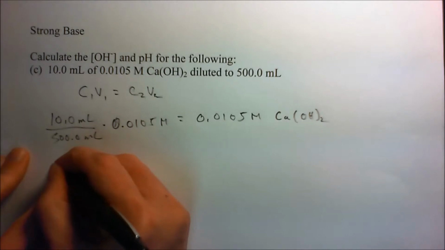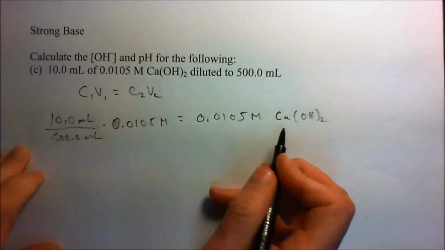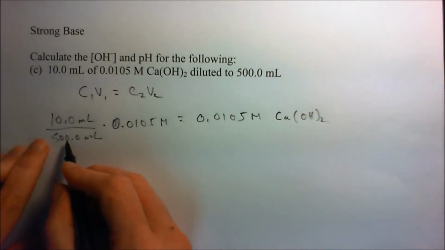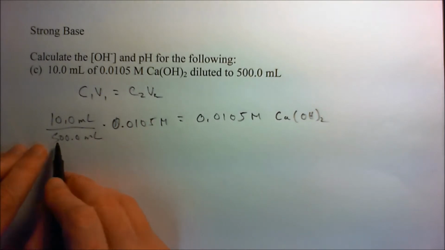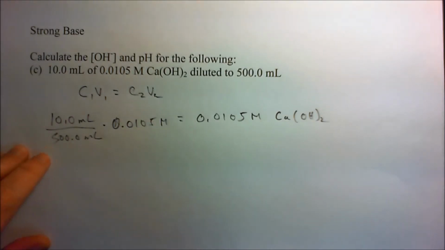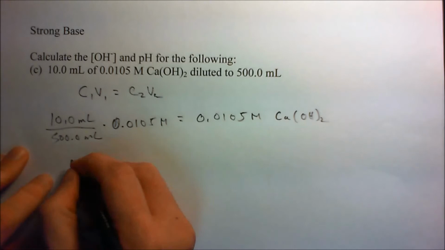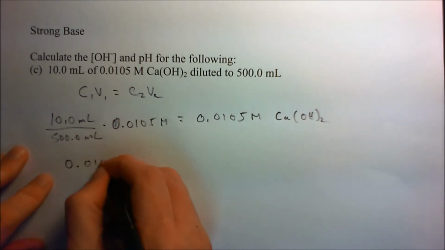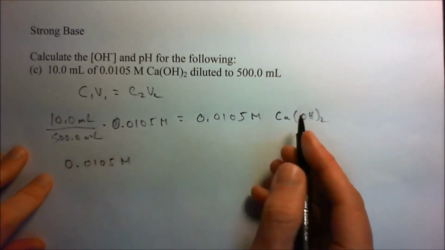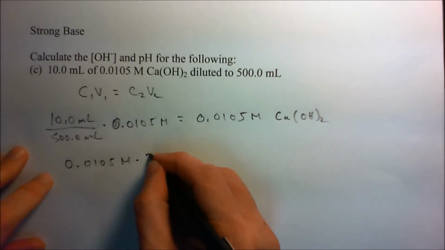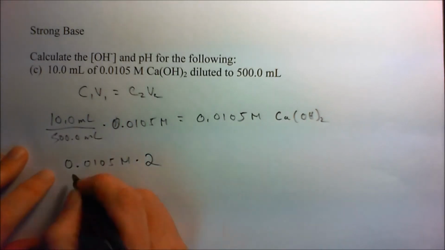And so we'll go ahead and find the molarity of our OH minus, and we'll skip a little step here. 500 milliliters is 0.5 liters, and so we've got 0.0105 molar in the calcium hydroxide, but there are 2 hydroxides that come off.